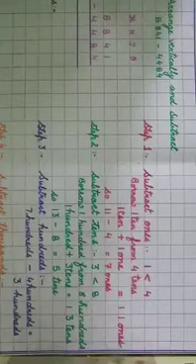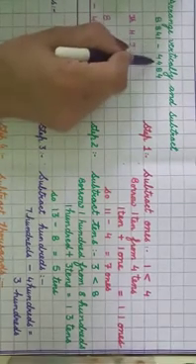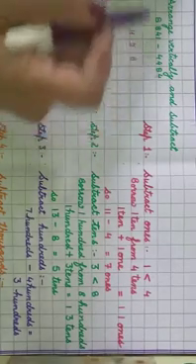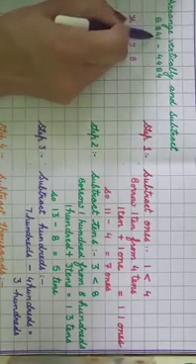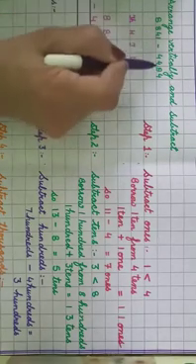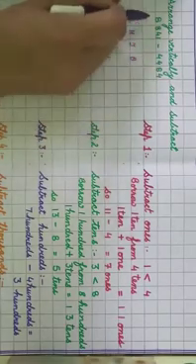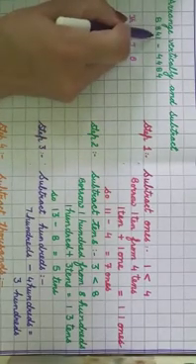Now next is arrange vertically and subtract. Now we have to subtract 4484 from 8881.